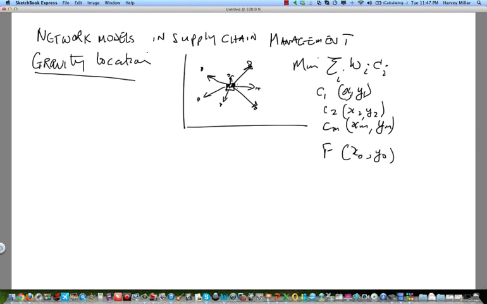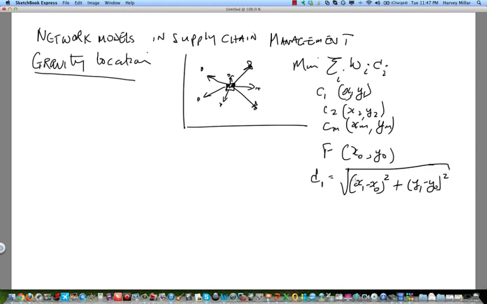So if we do that, the distance between the facility and any one of the customers, for example the distance between the facility and customer 1, would be calculated as follows. It would be x1 minus x0 squared, plus y1 minus y0 squared, and we take the square root of that.